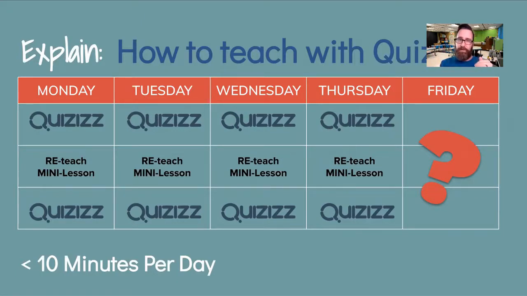You do the same exact quiz on Tuesday, Wednesday, and Thursday. What do you do on Friday? That's your final test. It's the same quiz, and the investment is less than 10 minutes per day.